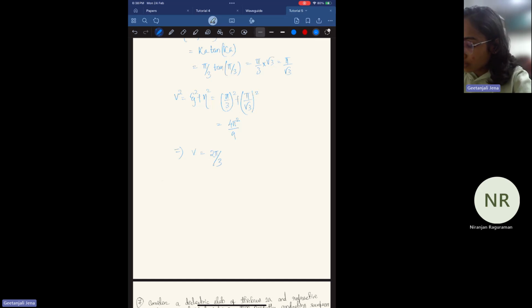And to find out the number of modes, as I said before, we have to divide V by pi by 2. So this is 2 pi by 3 over pi by 2. So this is 4 by 3, which is 1.33, and this is less than 2.